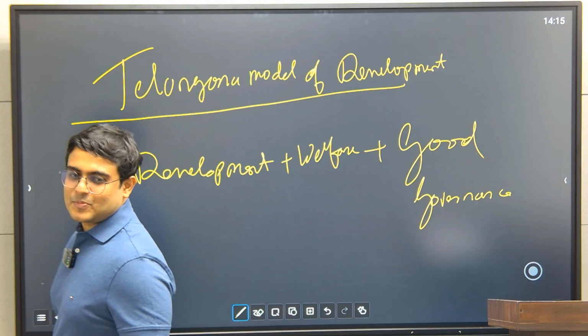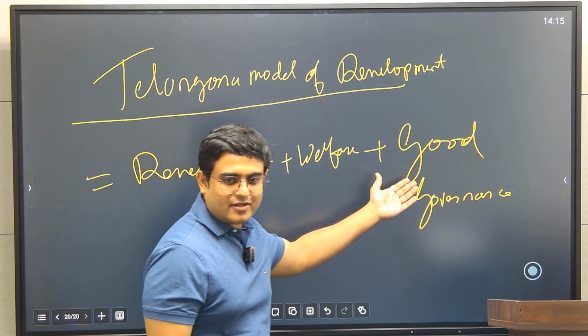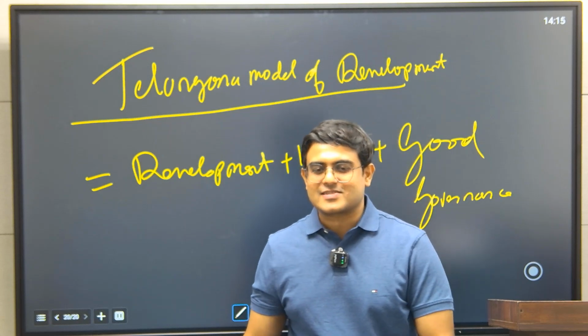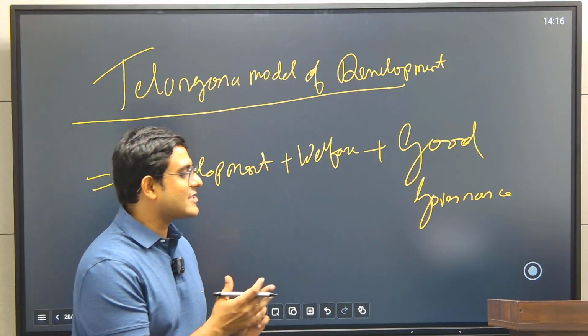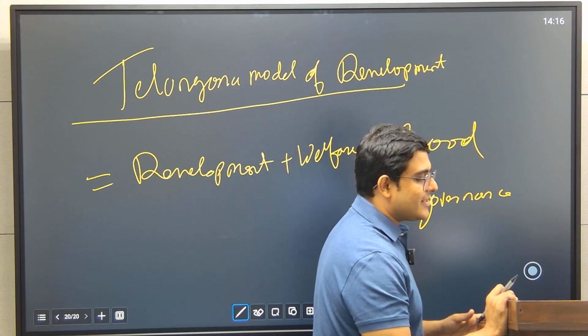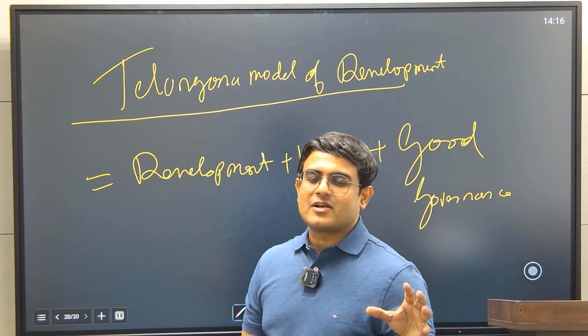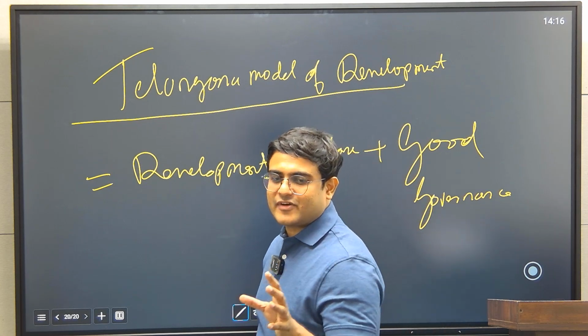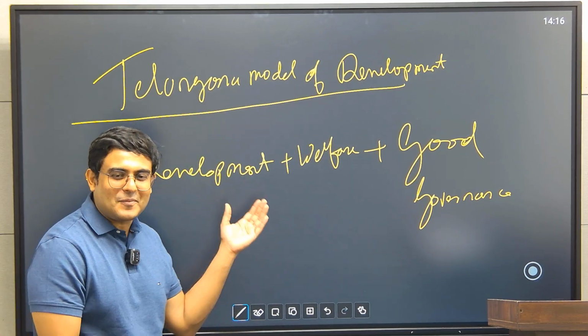Now, how is it important to us? Obviously, you must have seen or heard, he's talking about good governance. Good governance is already mentioned in the syllabus, and one of the criticisms of good governance was that it creates a shell of democracy. That is, good governance models were formulated by the West and we are implementing them. But we have modified it also in the Telangana model of government.